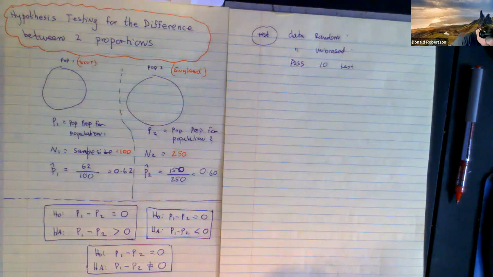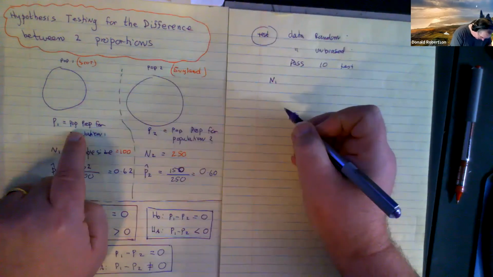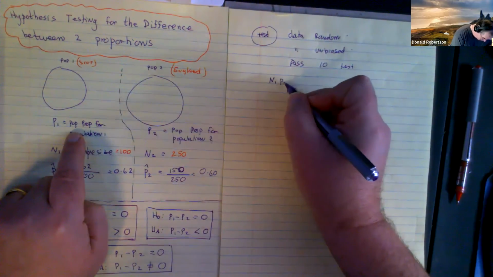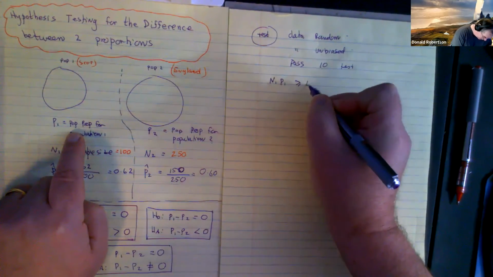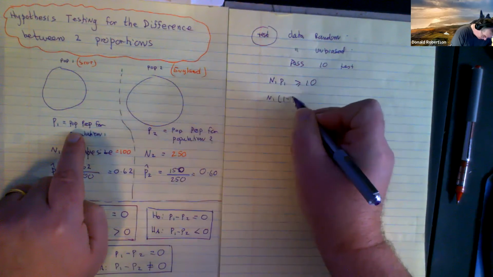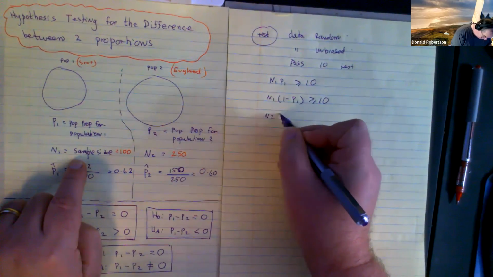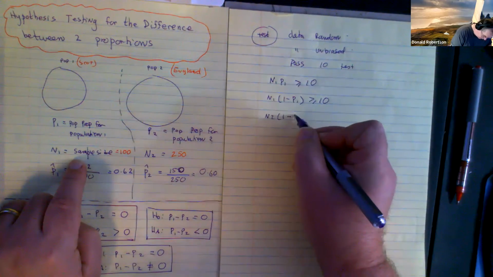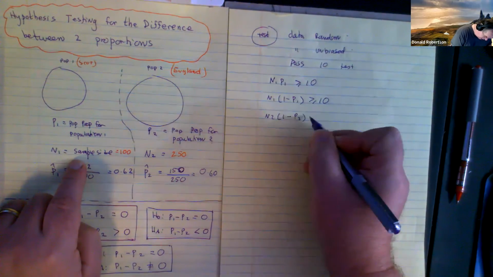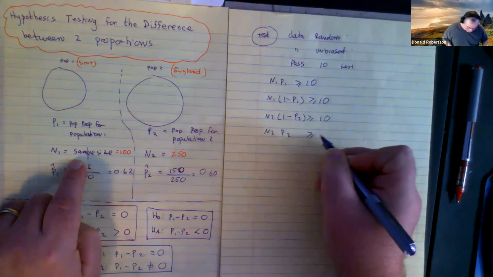The 10 test looks like this. Each one gets tested. N1 times P1 has to be greater than or equal to 10. N1, 1 minus P1 has to be greater than 10. N2, 1 minus P2 greater than or equal to 10. And N2, P2. No particular reason why I did them in that order.